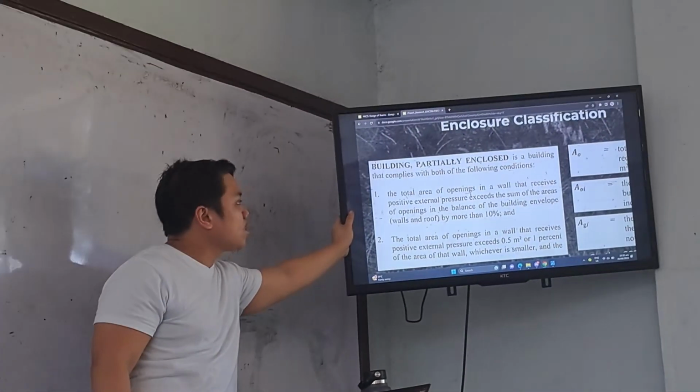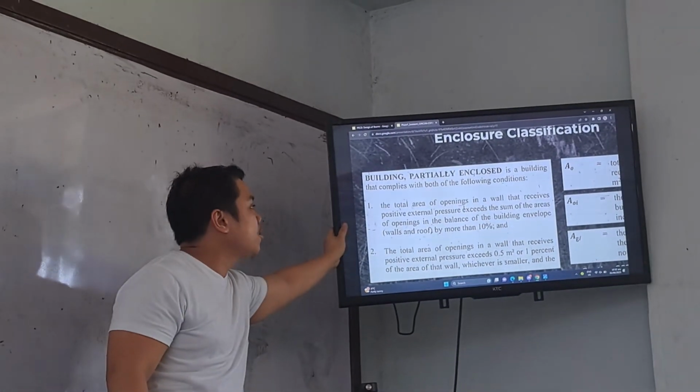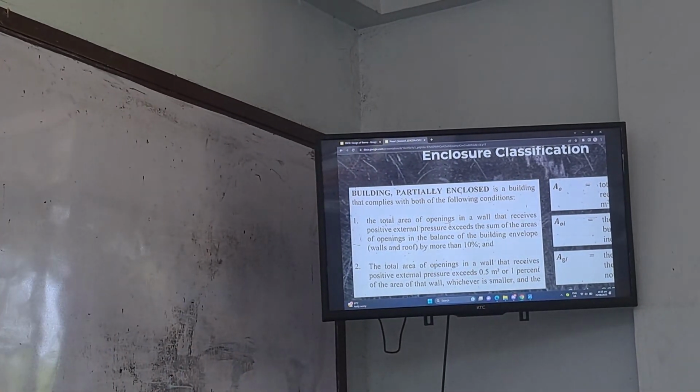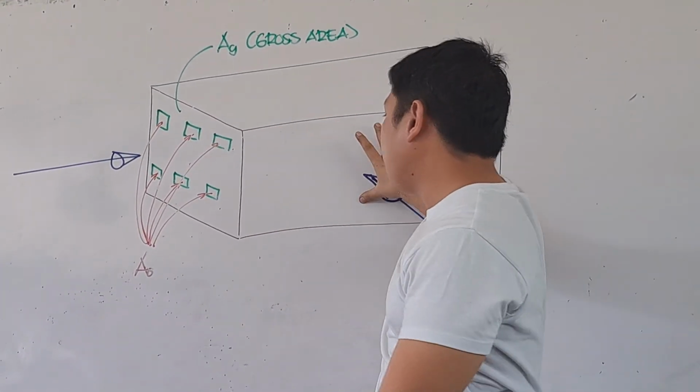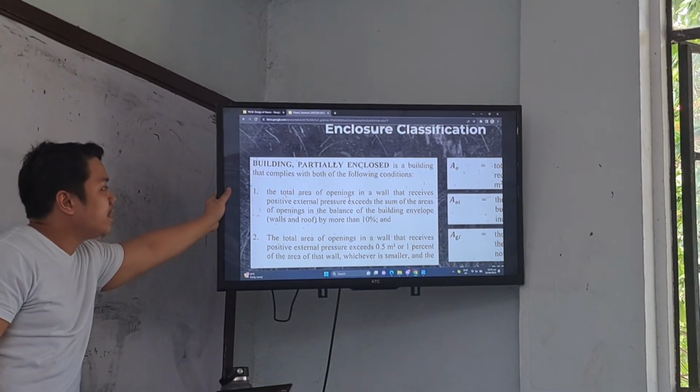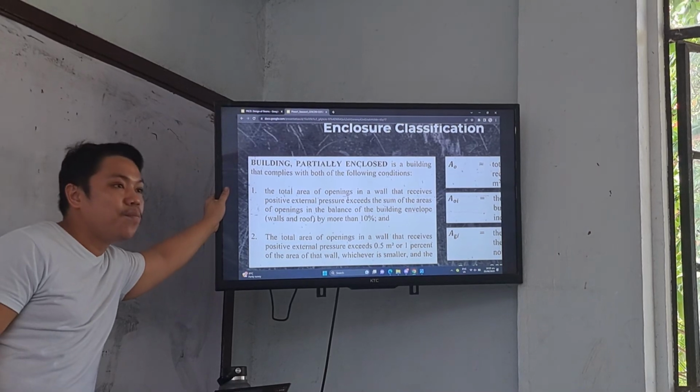Okay, so first is the total area of openings in a wall that receives positive external pressure. Okay. Area sa opening sa either hindi siya ka-blow parallel or ka-blow siya perpendicular. Okay? Exceeds the sum of the areas of opening in the balance of the building and below more than 10%.